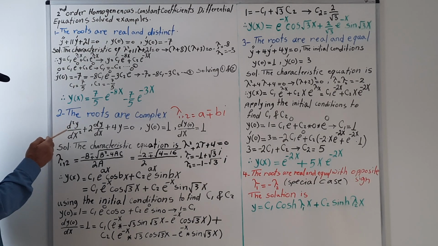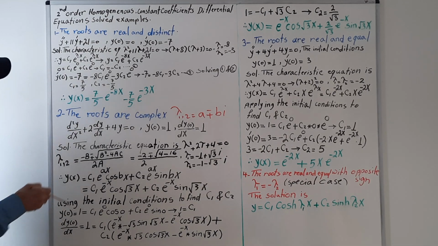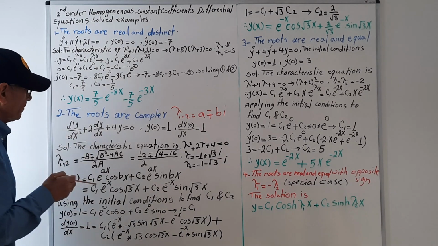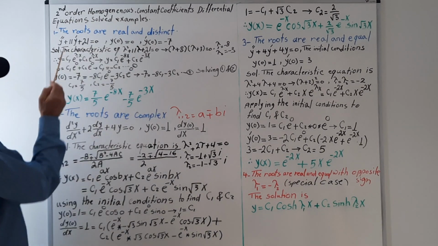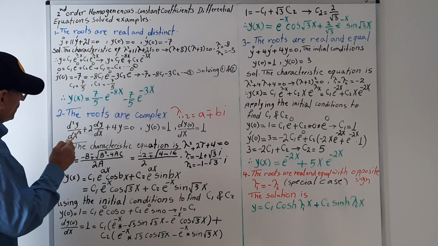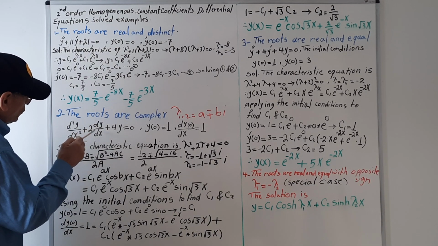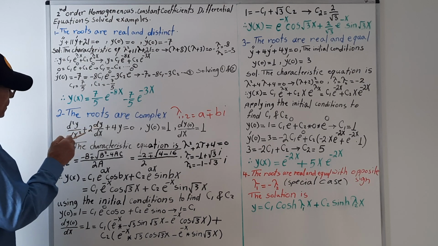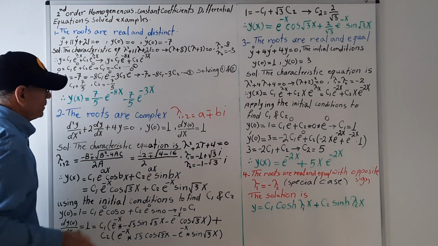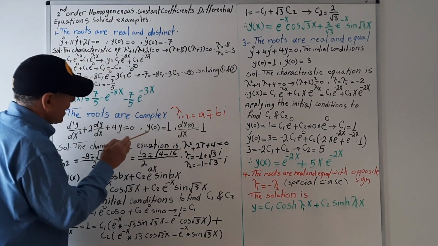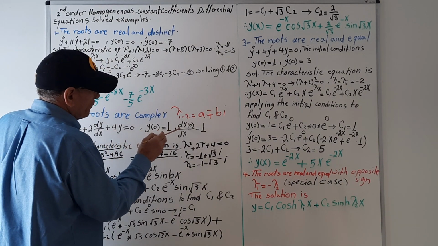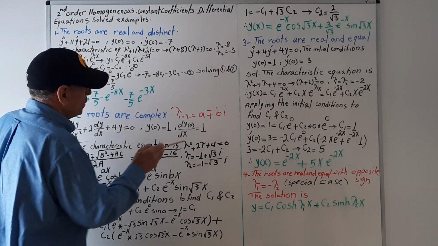I'm using 2 types of notation just to be familiar with our notation. So this is the second derivative of y over dx squared plus 2 dy over dx plus 4y equals 0. Here our initial conditions, y at x equals 0 equal 1, and the derivative at x equals 0 equal 1.